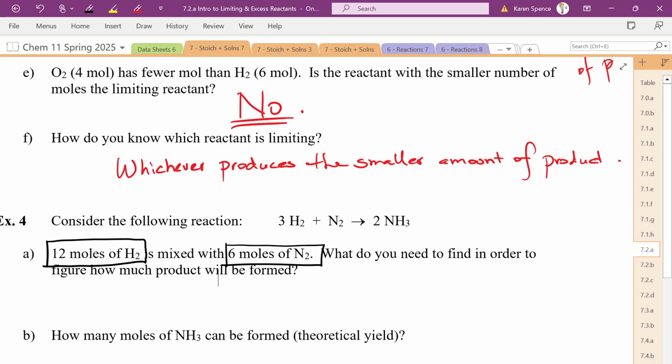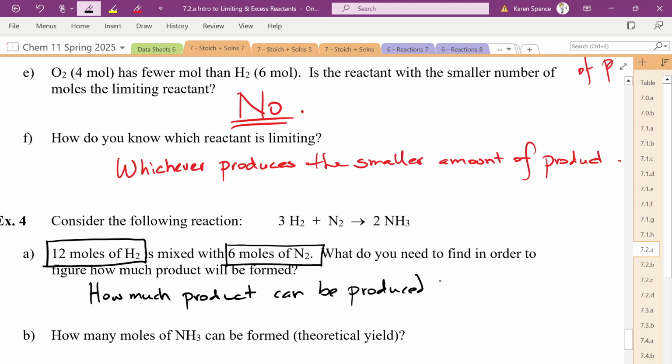So we need to find how much product can be produced by each reactant.